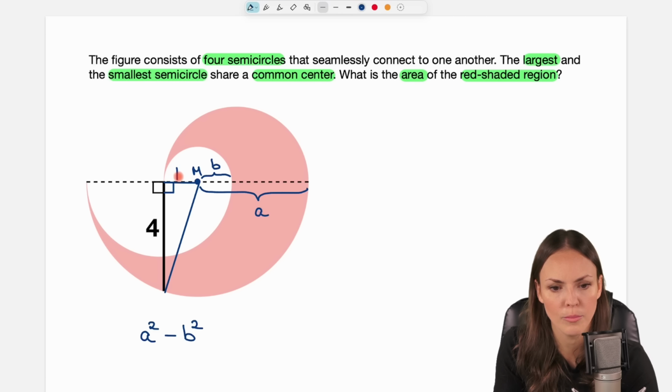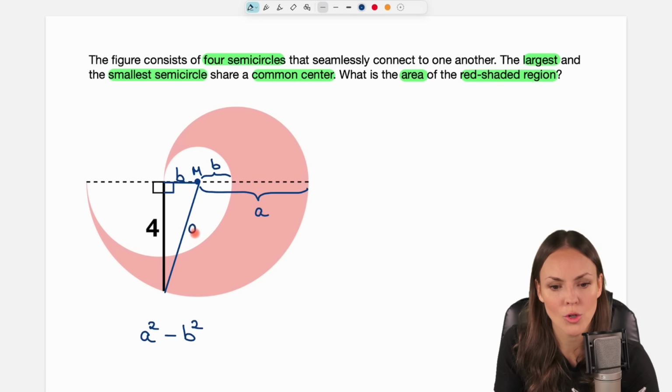So we have b here. And what about this length here? Well, this is the radius of the largest semicircle from the center to the edge of this semicircle. This is my a. So let's find a squared minus b squared using the Pythagorean theorem here.